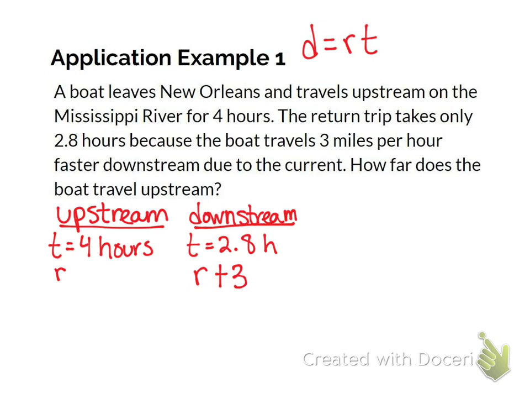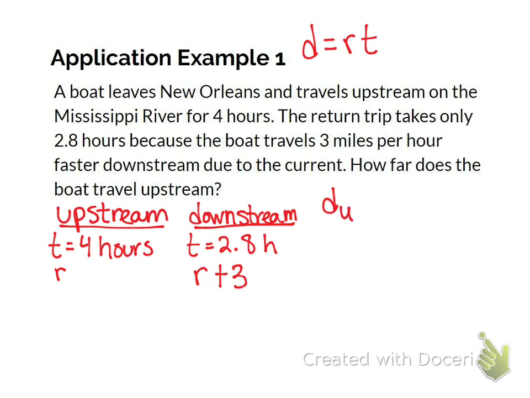Now, if we're going upstream and downstream, we're assuming that our distance is the same, right? We go up and then we come back. So if our distance is the same on both trips, then that means the rate for upstream times the time for upstream is equal to the rate times time for downstream. Here's what I'm saying.